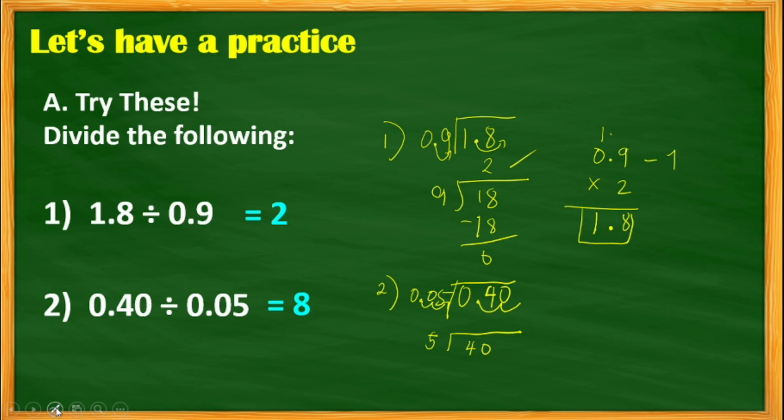Now, 40 divided by 5 is 8. Then 8 times 5 is 40. Subtract, 0. Okay, so this would be the correct answer. Okay, very good, grade 5 pupils. If you got the correct answer, you already master how to divide the decimal with two decimal places.